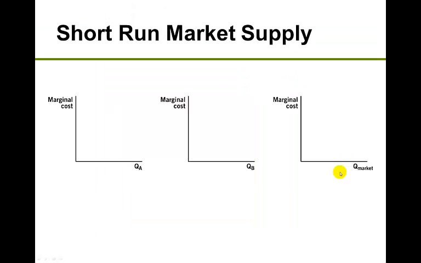So we can put all of our firms together into an industry-wide supply curve. If we have firm A, which is Mr. Plow, this is how much Mr. Plow is making. Firm B, which is Plow King, run by Barney, this is how much Plow King is making.